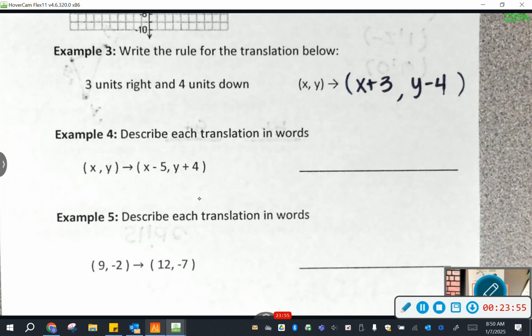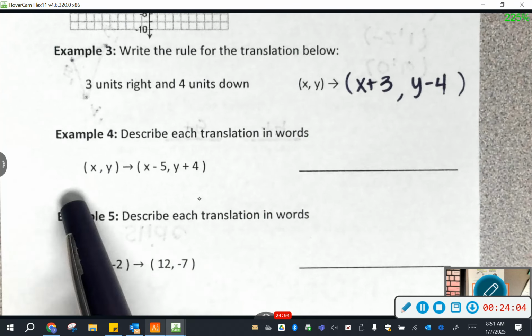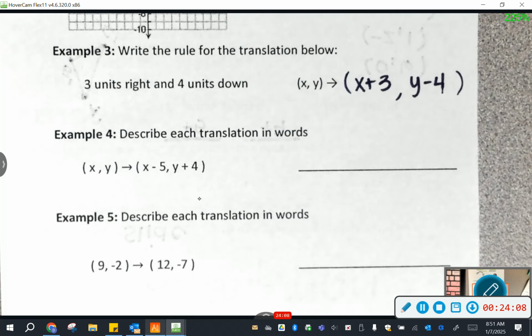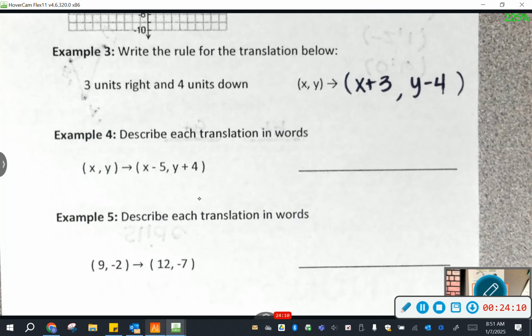Now I want you to work backwards. I'm giving you the rule. Can you tell me what's happening? How are they moving? So if I tell you xy goes to x minus 5, y plus 4. Raise your hand when you have this answer.